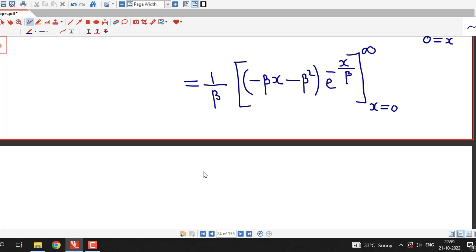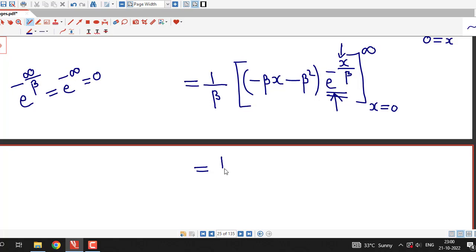Now if we put the upper limit as x tending to infinity, then if we concentrate on this part, here I have minus infinity over beta if I take x equal to infinity, but beta is positive, so minus infinity over beta is also minus infinity, and e raised to that will become 0. So if we take x tending to infinity, this will become 0.